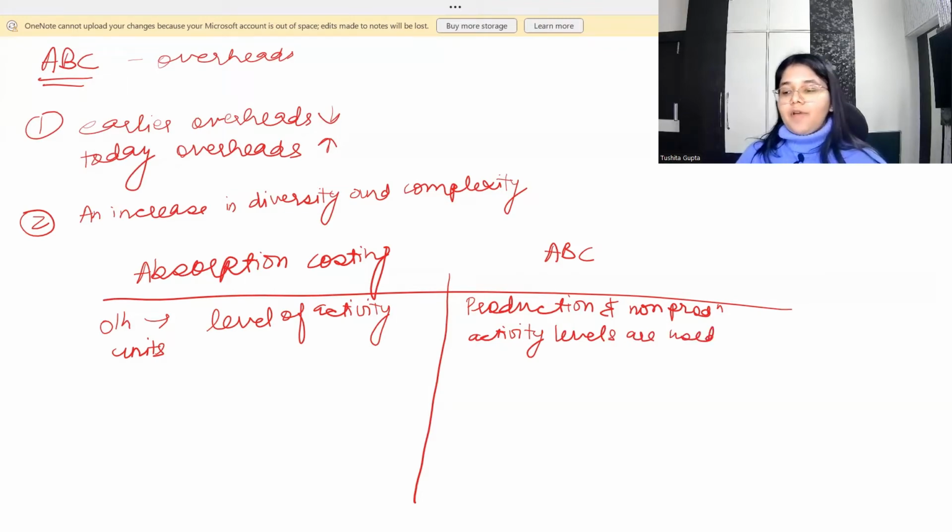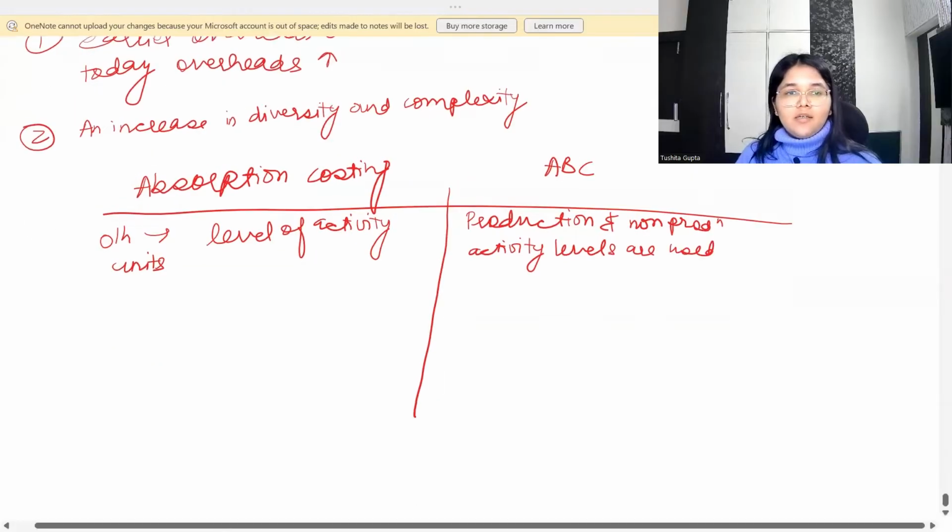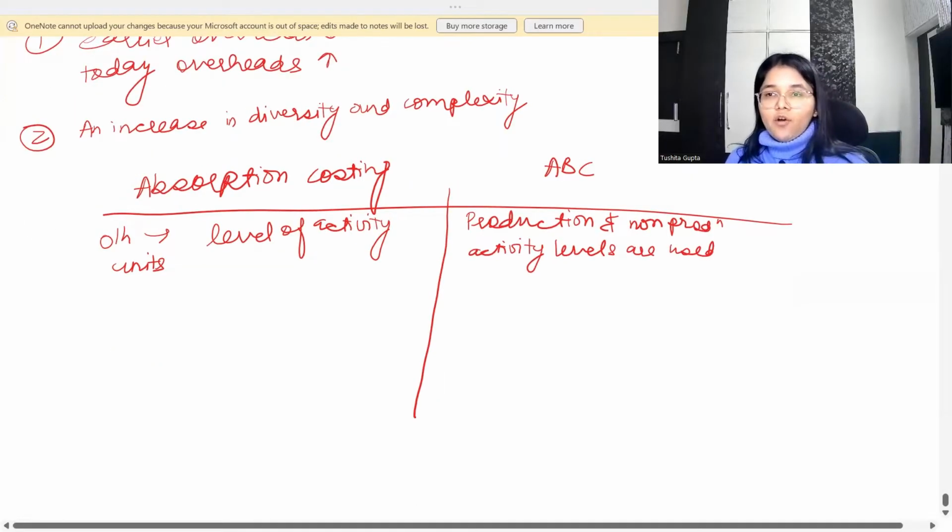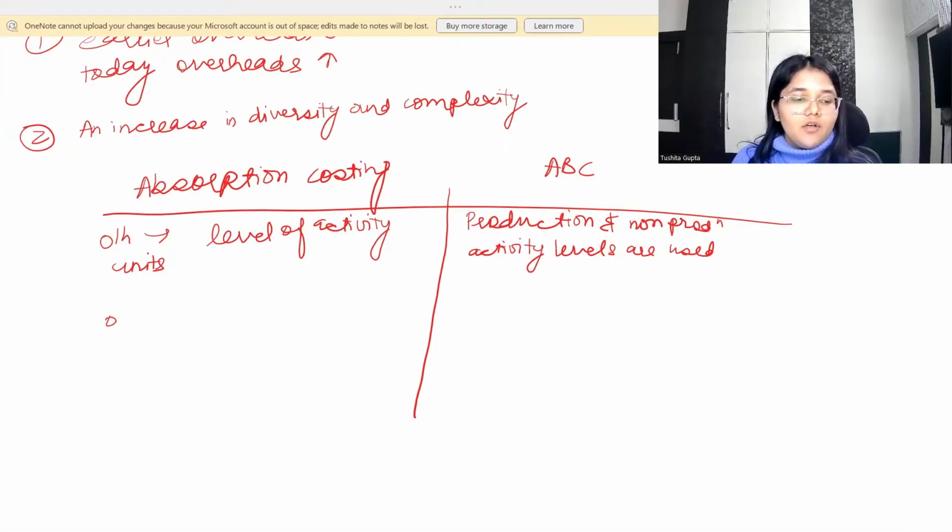Another thing: absorption costing will be more suitable when the direct costs are high. Obviously, because the overheads are less, the apportionment of overheads will not matter so much if the proportion is lesser.